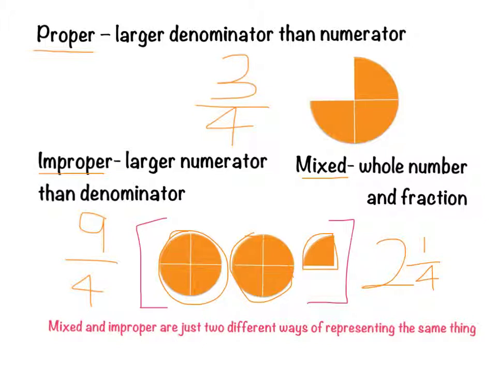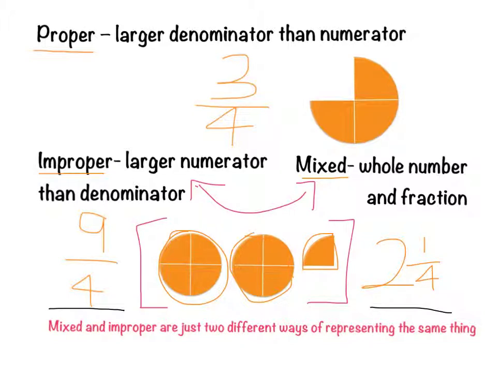These oranges can either be represented as an improper fraction or a mixed numeral. It doesn't matter. Now, we're going to learn how we can convert improper fractions to mixed numerals and mixed numerals back to improper.